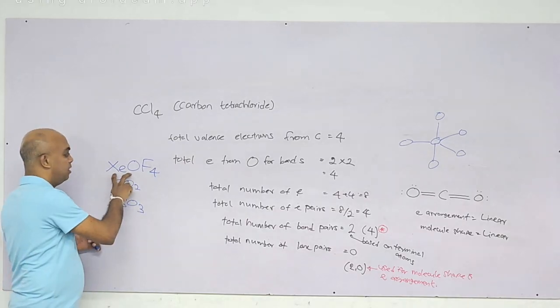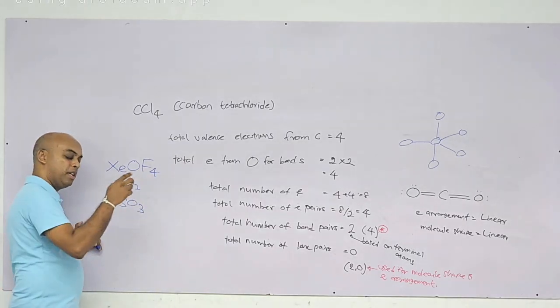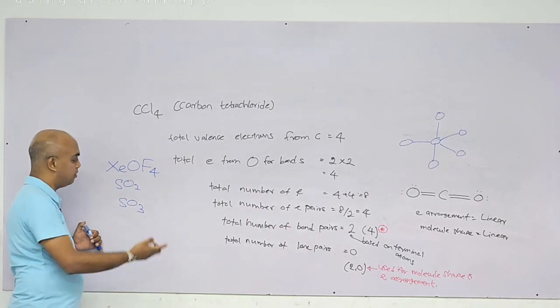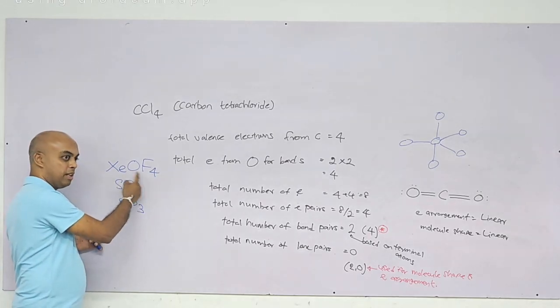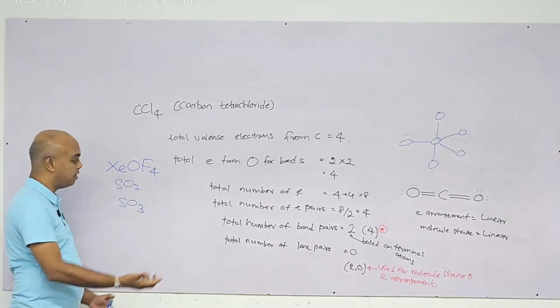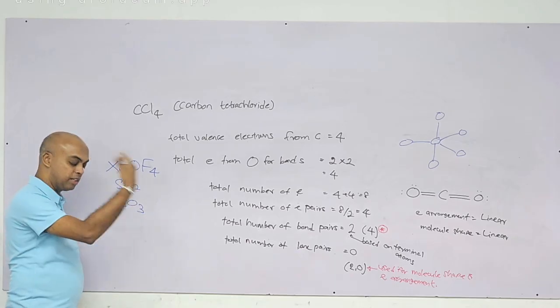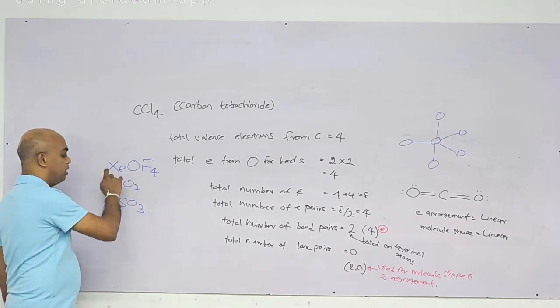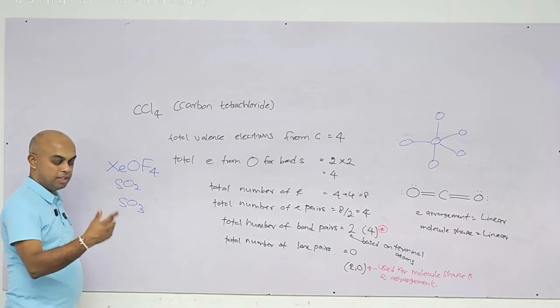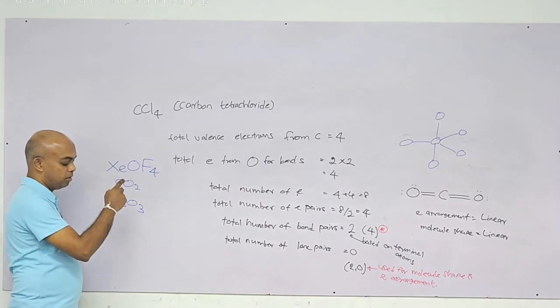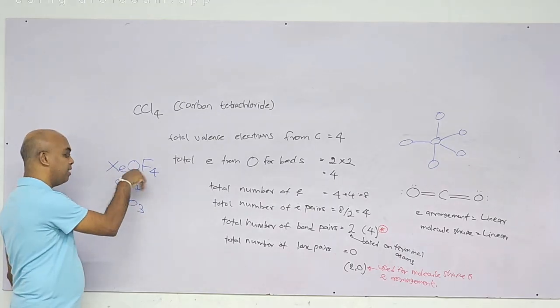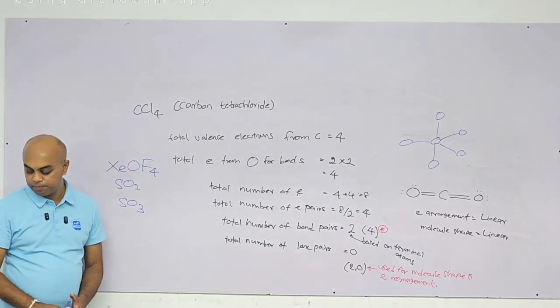So here in XeOF4 we can logically think oxygen can create only 2 bonds, so they cannot all take 8. Fluorine only 1. Fluorine definitely should be a terminal atom, right? Xe should be the central atom. Xe, because it has 8 valence electrons, can create a maximum of 8 bonds.